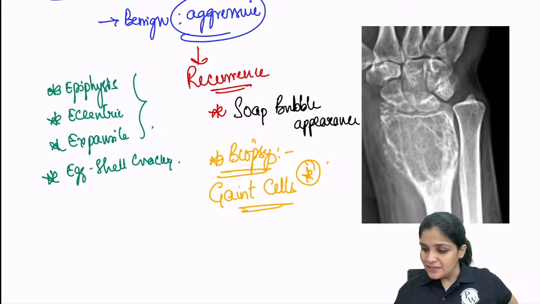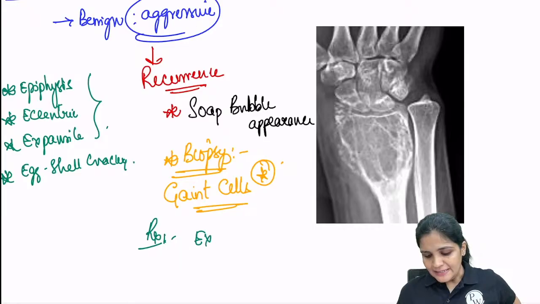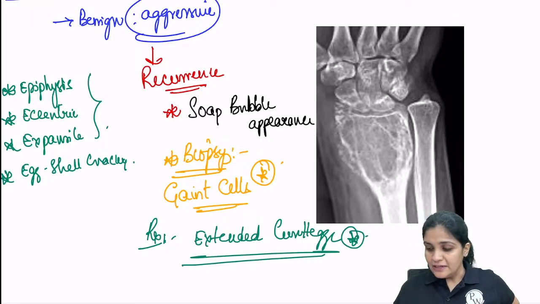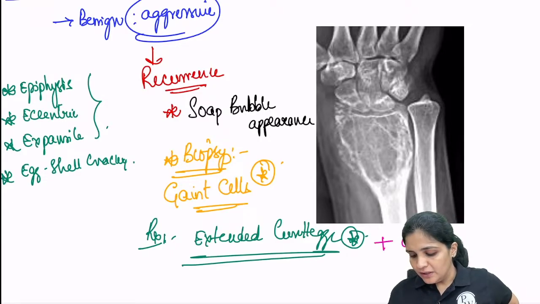And then they might ask you the treatment. The treatment is extended curettage. What do you mean by extended curettage? So extended curettage is nothing but we use certain adjuvants.